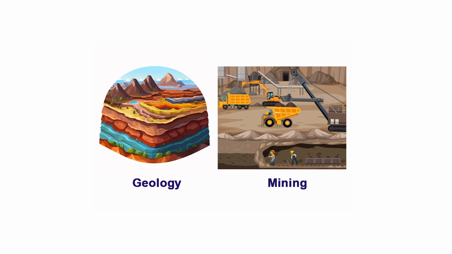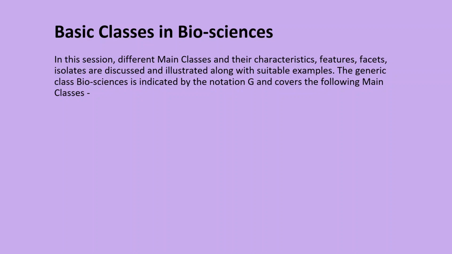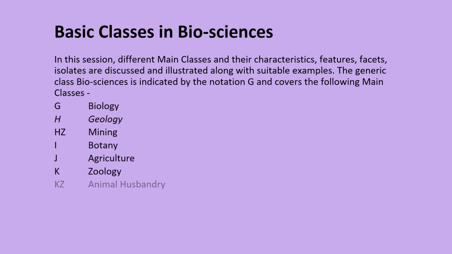But as it is considered within the generic class biological sciences or biosciences in colon classification, we will discuss the main classes geology and mining in this session. The different basic classes and their characteristics and features, facets, isolates will be discussed in today's class.